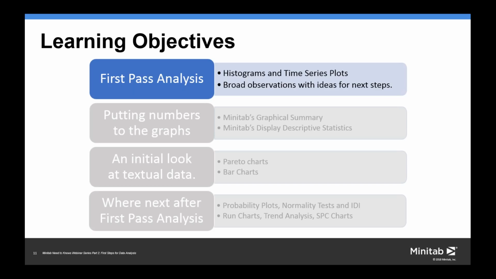People are often expecting incredible revelations when they first look at their data, particularly from graphical analysis, and they're looking for instant answers, and that's rarely how things work. Instead, I think it's an extremely powerful technique to have taken the time to look at your data with histograms and time series plots and to get to know it, even at just such a high level, before moving on to anything more complex.